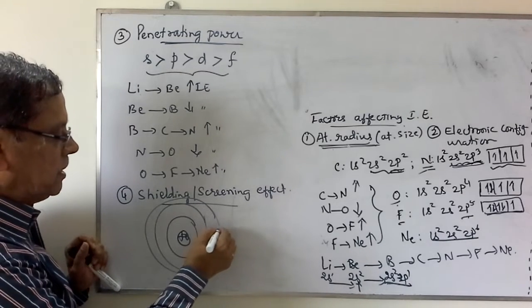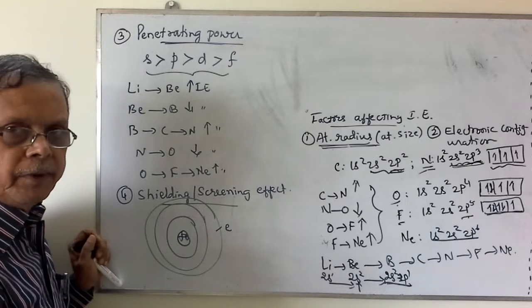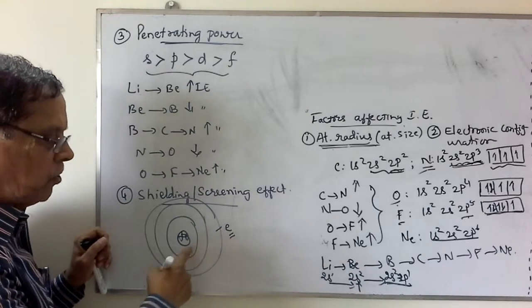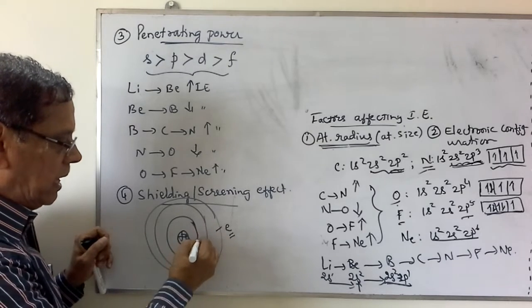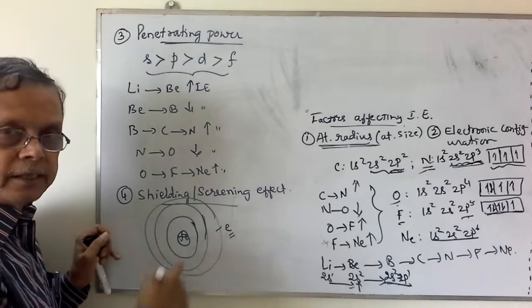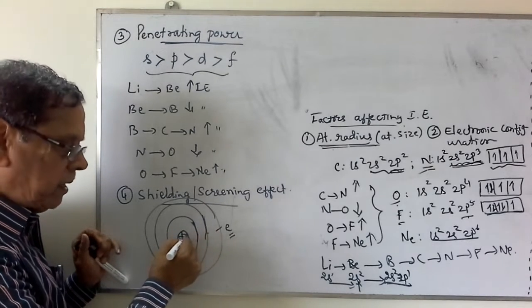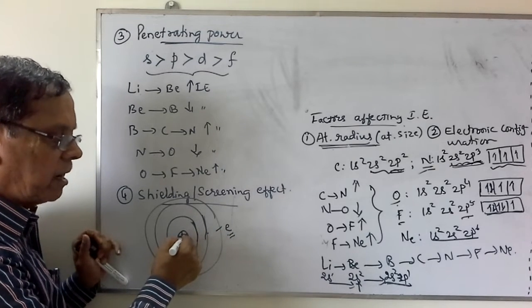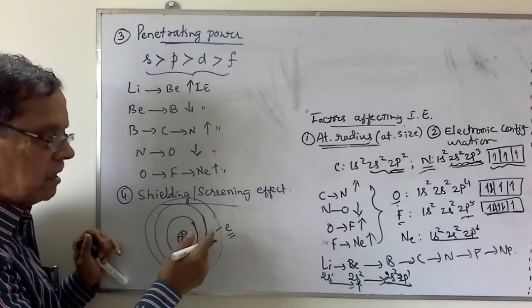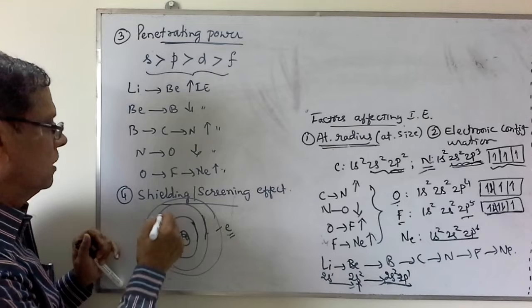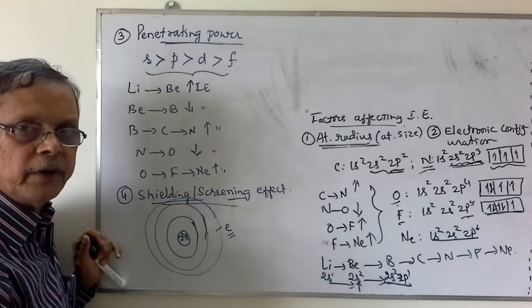If an electron is present in the outer orbit, it will have a lesser attractive force with the nucleus because of the electrons present in the inner orbits. These inner orbits prevent the attraction between the outer electron and the nucleus. Thus they act as a screen or shield. So this effect is called the shielding or screening effect.